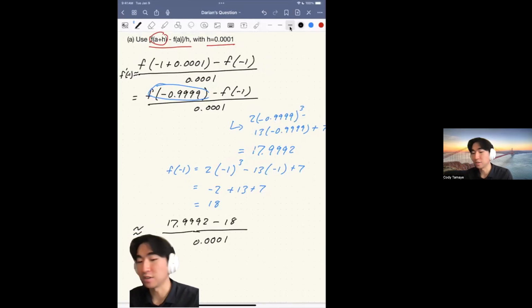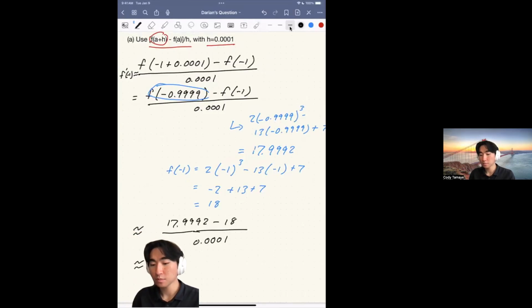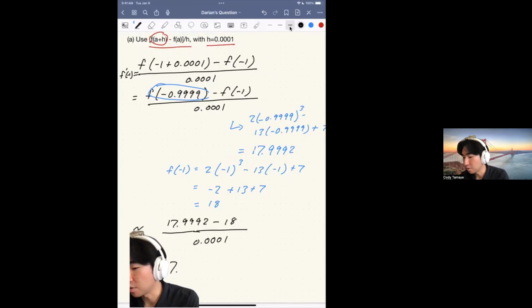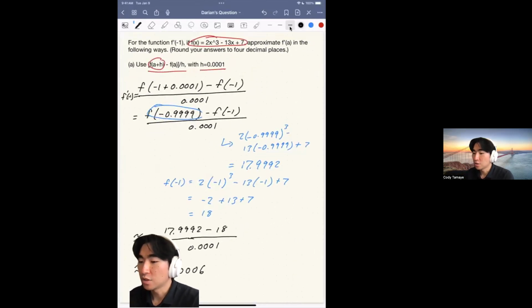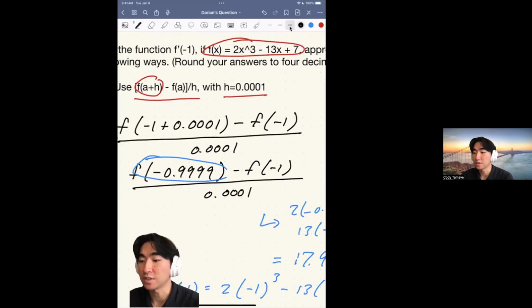This approximated value comes out to -7.0006. So this is using the forward approximation method to approximate the derivative at -1.